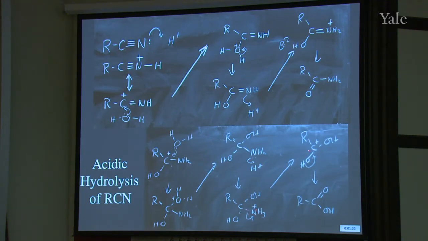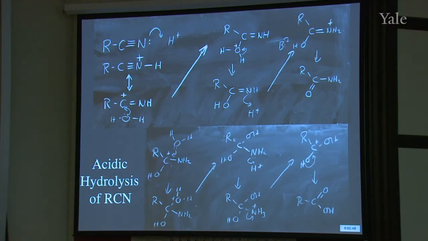You have this cation, lose a proton, and now you're all the way to the carboxylic acid. So there are two stages of substituting water here. First adding water to give the imide, and then changing the imide acid derivative into the acid itself. So that's acid catalysis. And I won't spend more time on it now, but it would be good for you to be able to do that, okay?